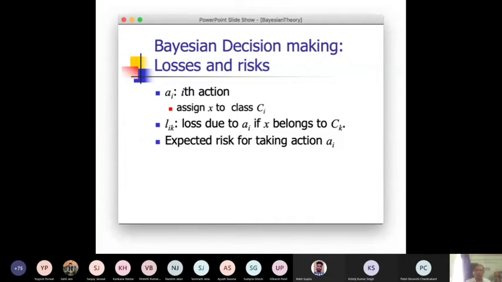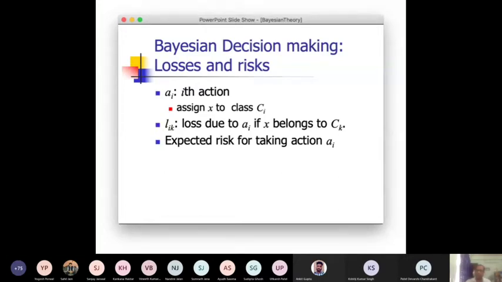So the losses are given by LIK in that case. So simply it is a weighted sum of LIKs, where I is fixed. That means for AI only you are considering this expected risk, and the weights will be depending upon the posteriors of that class given that sample.